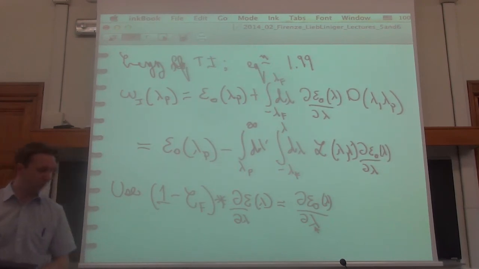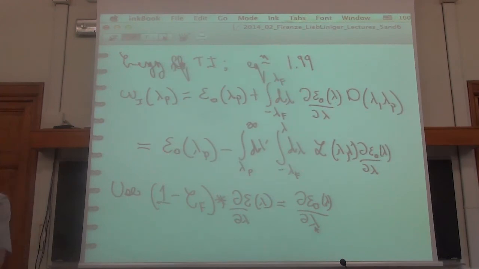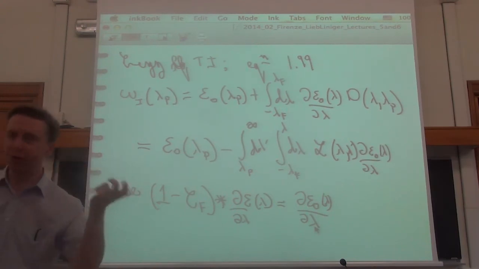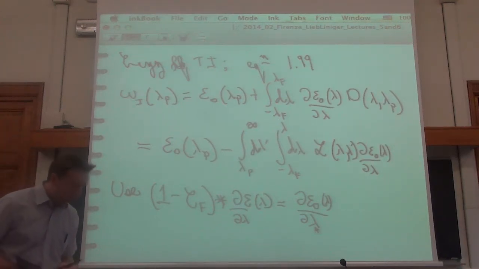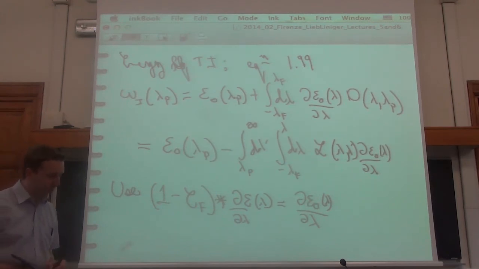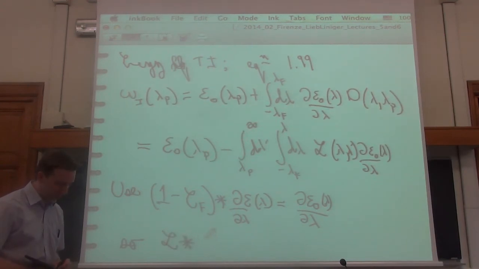So you see, d epsilon d lambda obeys a similar integral equation to epsilon of lambda, just with a different driving term on the right-hand side. Okay, so instead of the driving term being lambda squared minus mu, it's now just 2 lambda. Okay? But that doesn't matter. So essentially from this, what we can obtain is that L starred into d epsilon 0 d lambda is equal to CF starred into d epsilon d lambda.